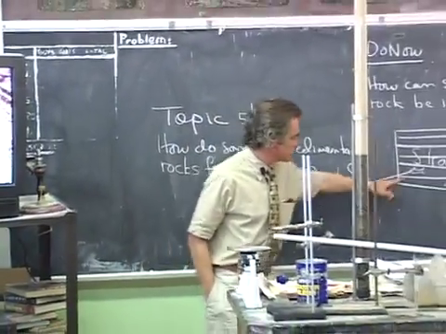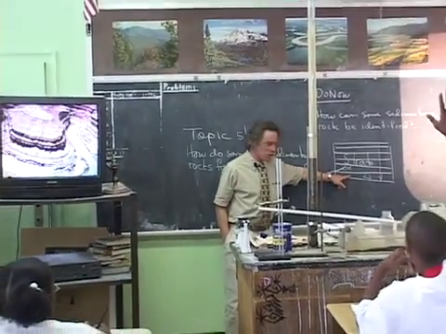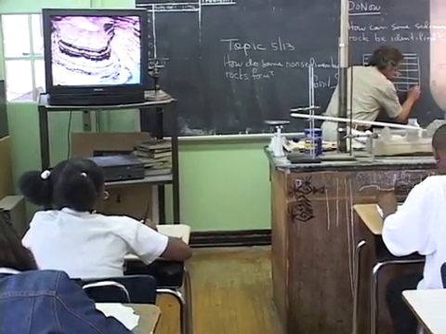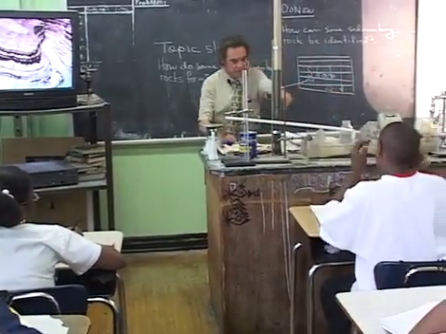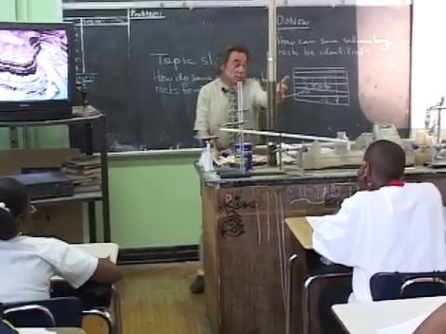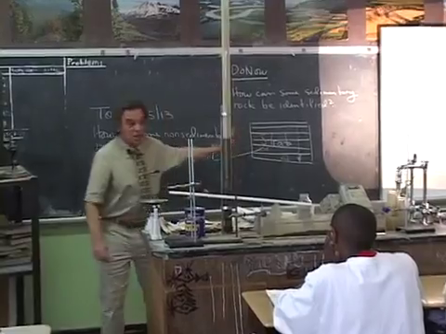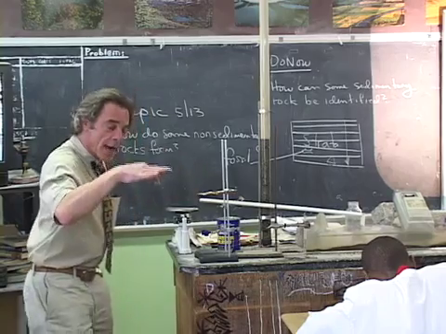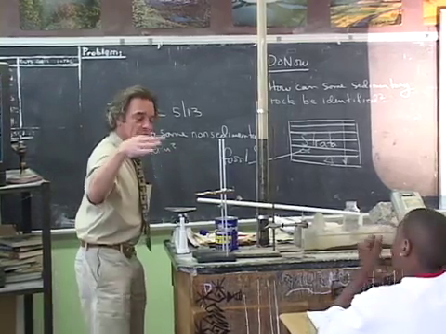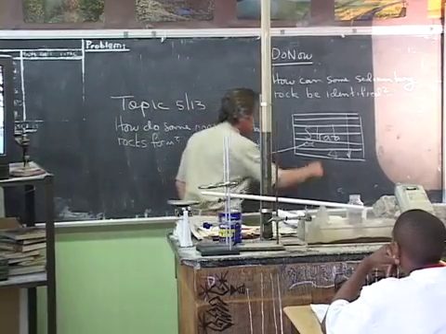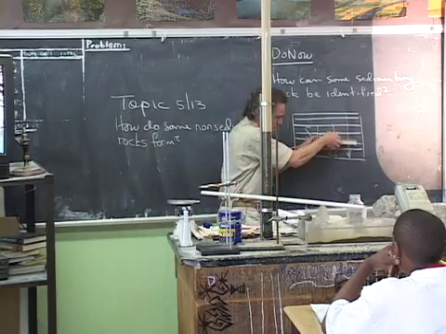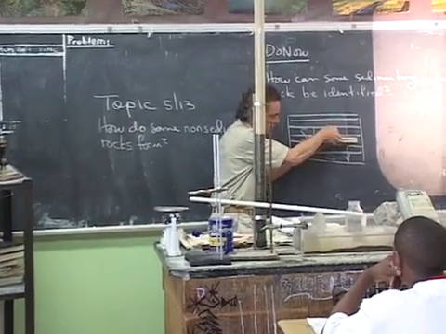What would you say, Akeisha? This one's older. Why is the bottom older? That's right. So obviously the strata, or the layers, on the bottom are older than the ones on the top. This is how geologists figure out what animal came first, what animal came second, and what animal came third. It's almost like looking back in a book where the pages at the bottom contain fossils that are older than the pages on the top.